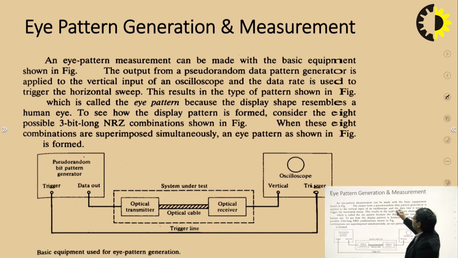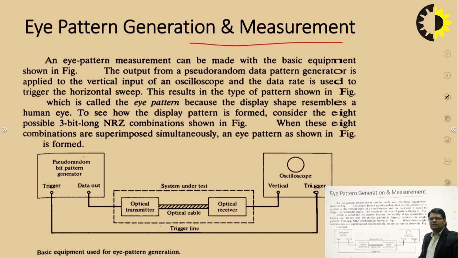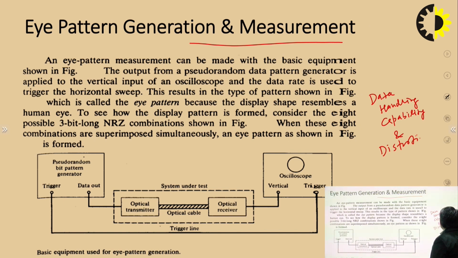The next point is how an eye diagram can be generated. Basically, in the previous slide we studied that the eye diagram is used for analyzing mainly the data handling capability and distortion, the overall performance of the system, by simply seeing the eye diagram.